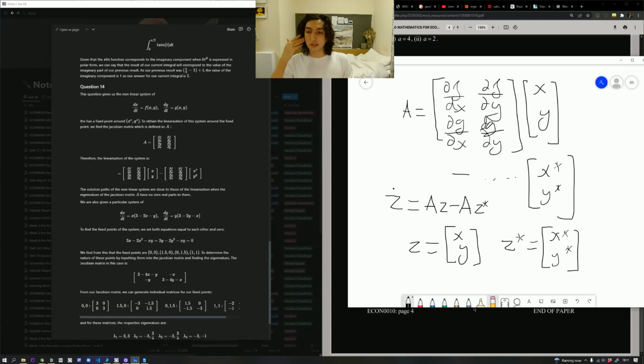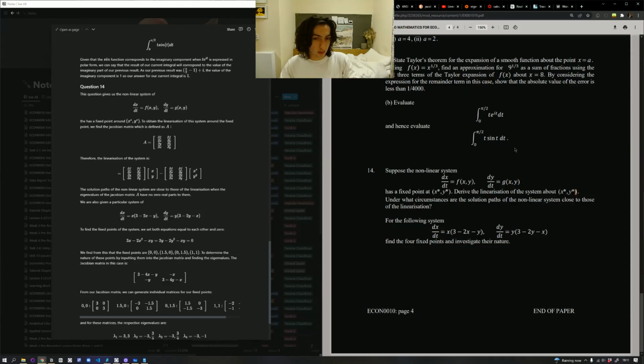We also need to note that the question wants to know under what circumstances the solution paths of the nonlinear system are close to that of the linearization. It's close to the linearization, as you can see on page 644, when the eigenvalue has no zero real part. If the eigenvalue has no zero real part, then it's good. Otherwise, you want to check again.